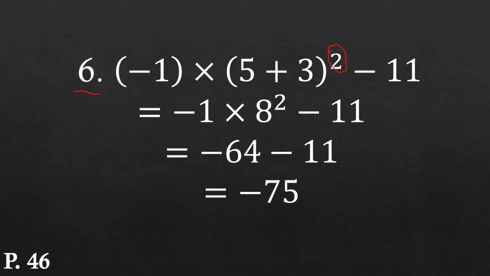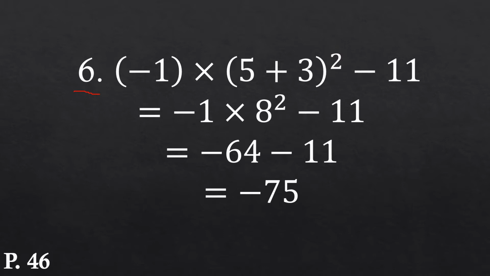At first, we could apply the power to both numbers, the 5 and the 3, but that would be longer. So what we do is finish with the parenthesis first: 5 plus 3 will be 8.